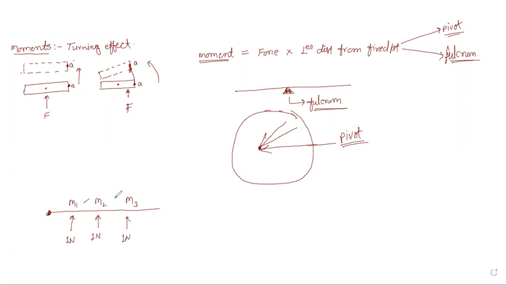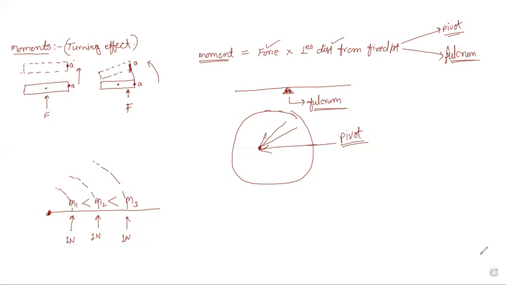So I can simply write down the equation for moments. Back to the square: what is moment? Turning effect. On which factors does it depend? First is force. Second, the perpendicular distance from this pivot point or fulcrum. The calculation becomes simple for that.